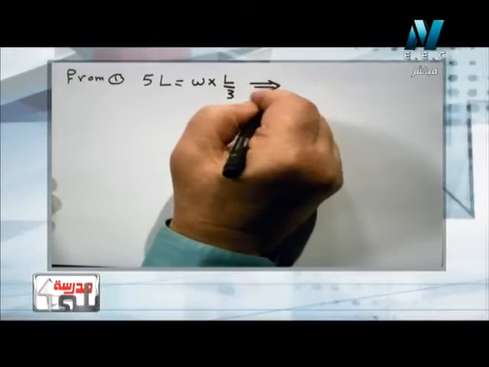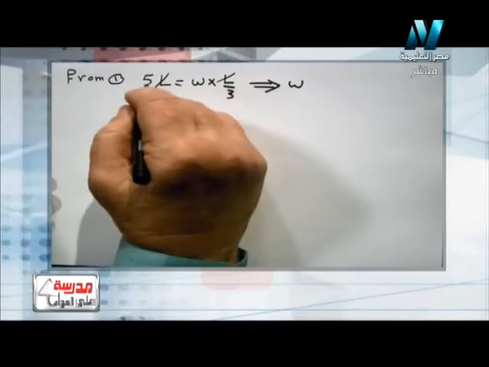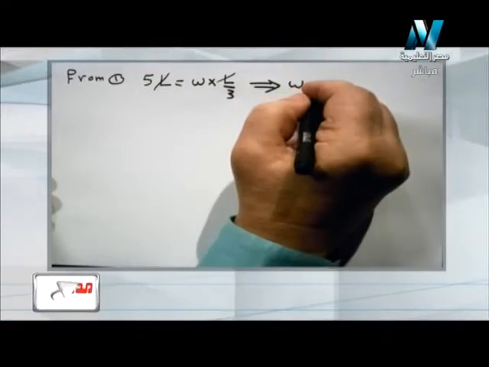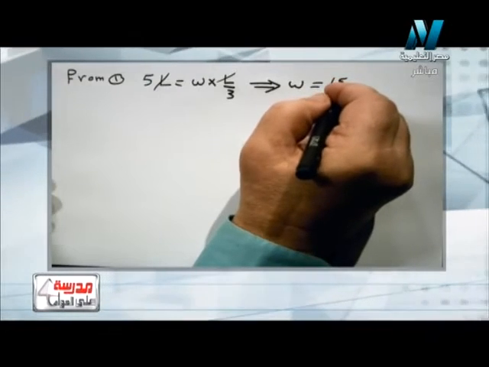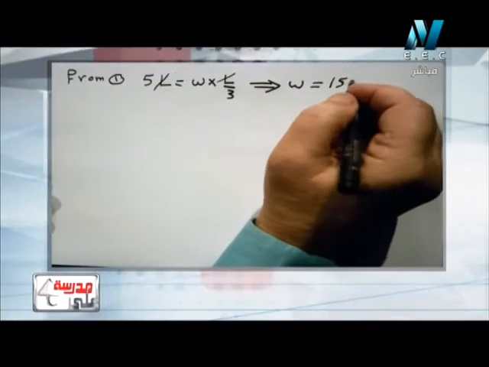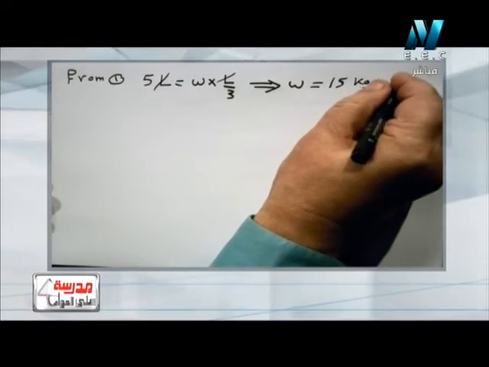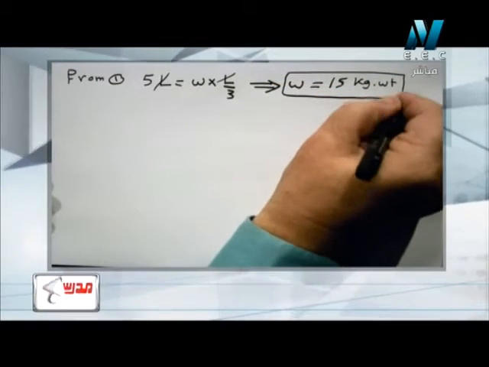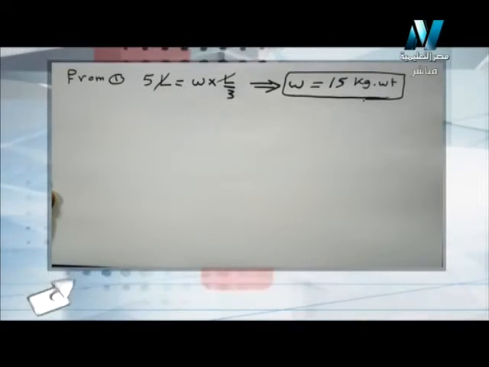Therefore now W equals, L cancelled and 5 by 3 cross multiplication, W equals 15. The unit we had was 5 kilogram weight. Now we find the weight of the rod which equals 15 kilogram weight.